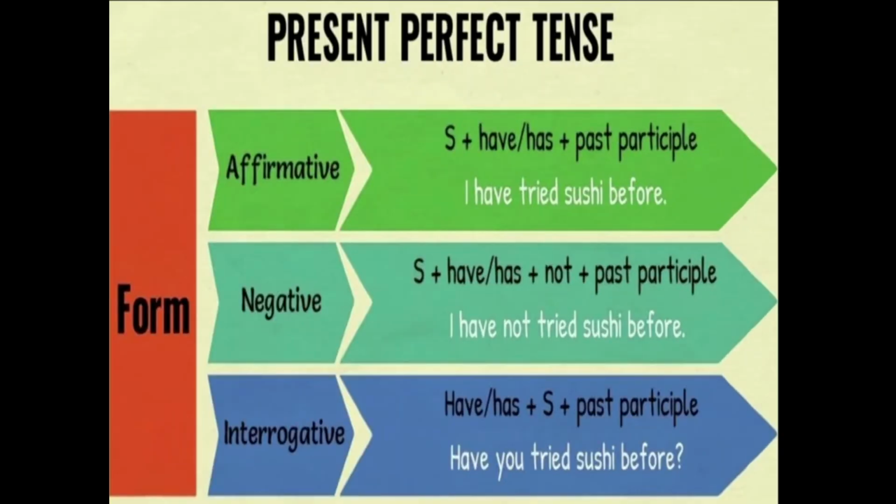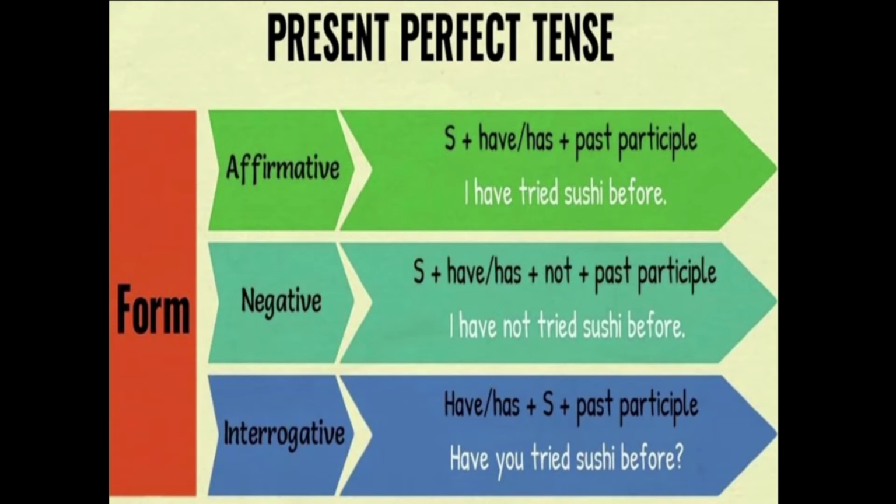And let us also know that when we deal with the present perfect, particularly forming sentences, there are basically three types. One is called affirmative. In other words, it is called a statement or positive sentence. So I have tried sushi before. You have tried calling or something just before. Negative: in negative we say I have not tried sushi before.